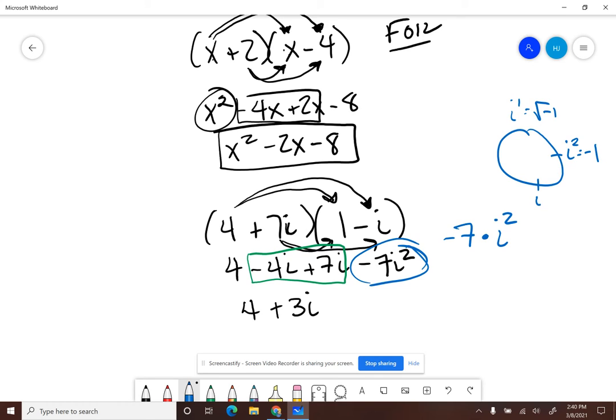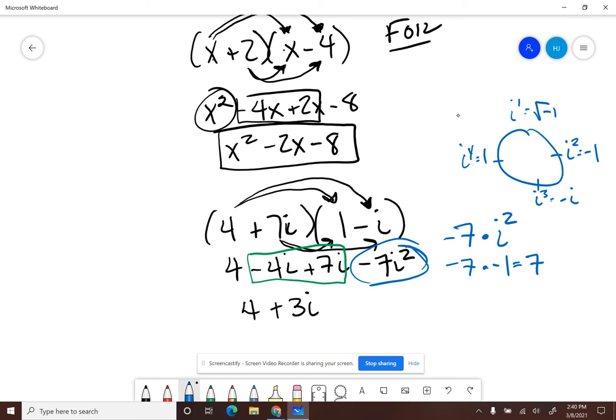We figured out that i to the third is negative i, and i to the fourth is just 1. So notice that i squared is equal to negative 1. Anytime I see i squared, it will become negative 1. So really what I have is negative 7 times negative 1, which is just a positive 7.